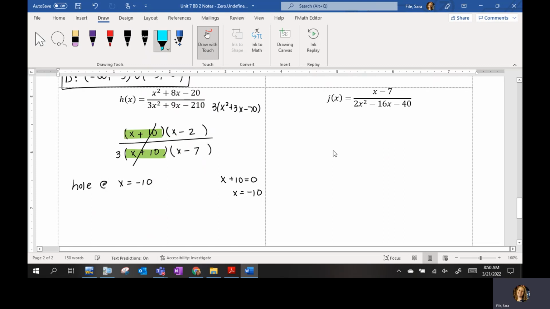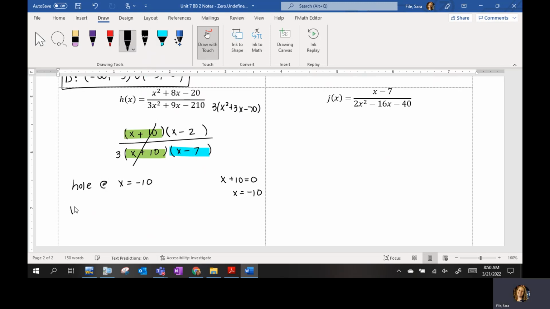Remember, vertical asymptotes happen where the denominator is 0. So is there another factor in the denominator? And yes, there is. So there's going to be a vertical asymptote. What x value would make this 0?